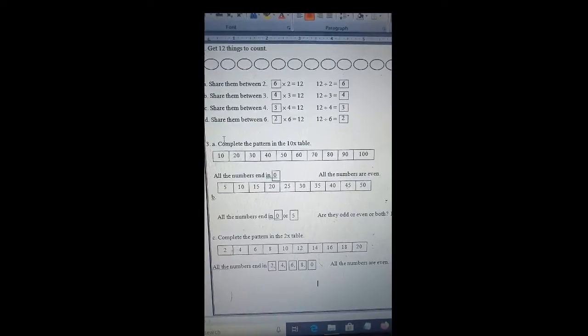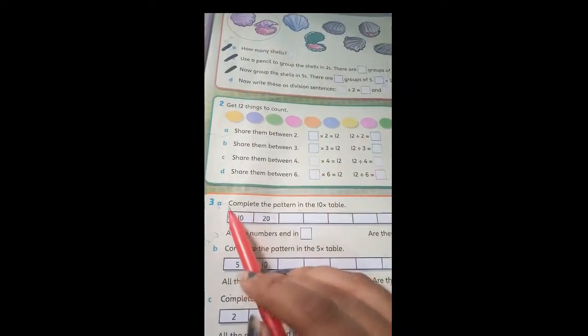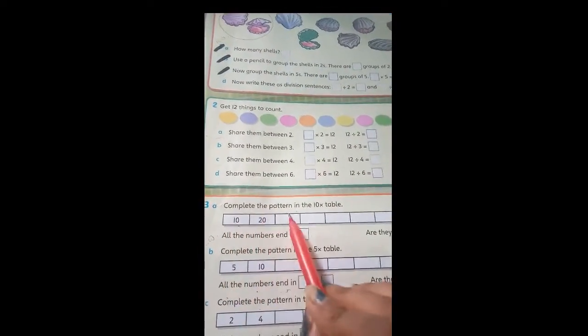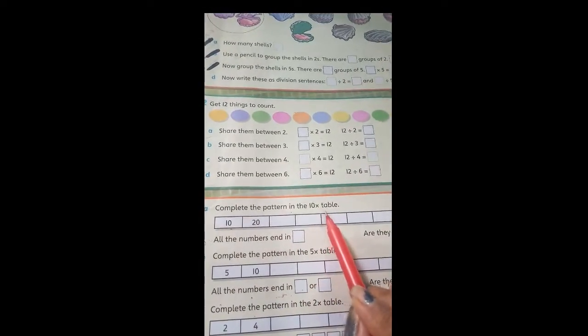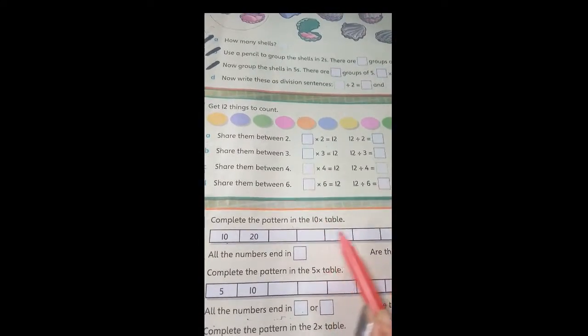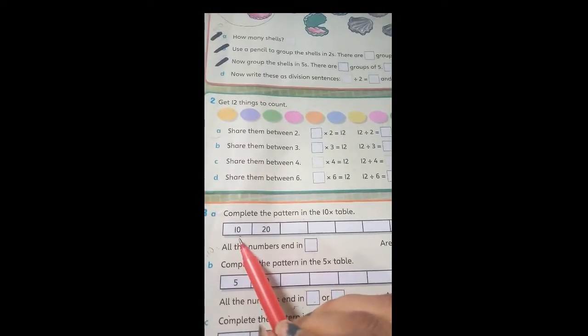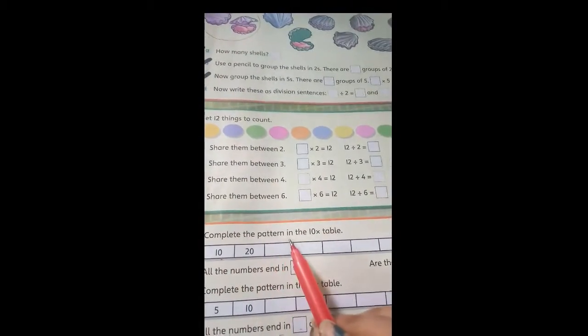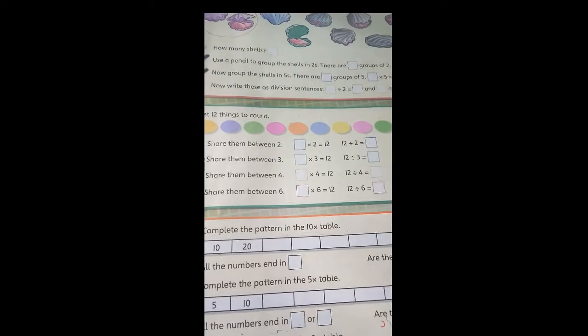In number 3, 3a, complete the pattern in the tens table. Here we can complete the pattern in the box by the tens table.